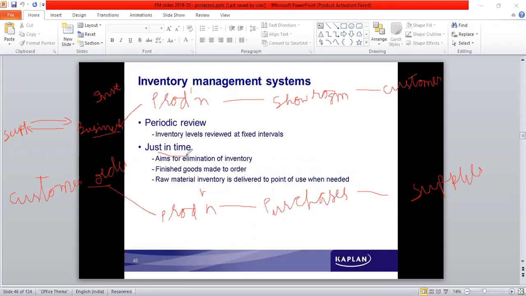So for that reason, they pre-select the suppliers, who happen to be reliable ones, and as and whenever they require material, they are readily available to provide quality material at the price which is pre-agreed upon. So now they don't have to have a stores department, they don't have to store the inventory, so it aims for elimination of inventory. Ma'am, but this JIT system must have some flaws, right?